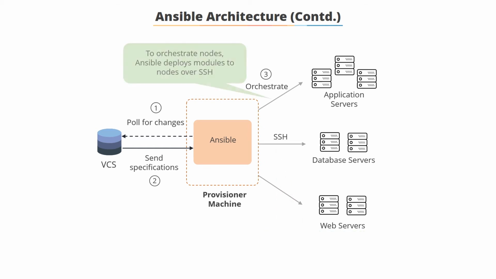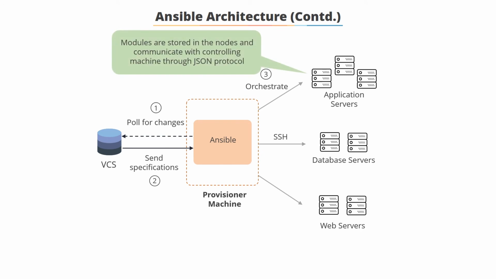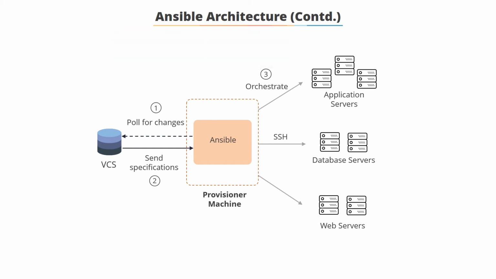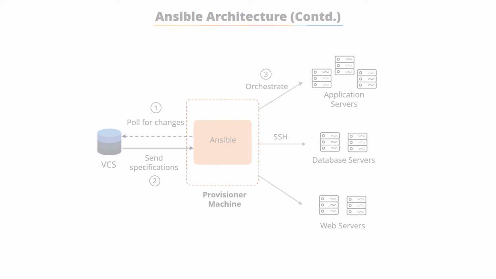To orchestrate the nodes, Ansible deploys modules to nodes over SSH, and modules are stored in nodes and communicate with the controlling machine through the JSON protocol. So your various nodes do not keep checking with the controlling machine if there is an update. Instead, the controlling machine, whenever there is an update, pushes these updates to all the nodes that are connected to it.